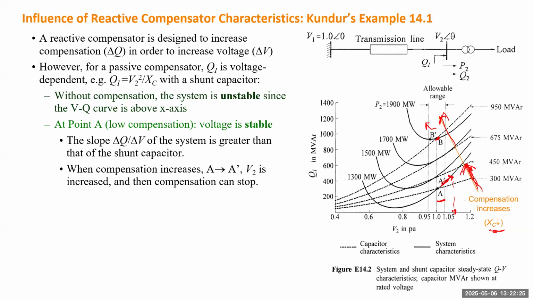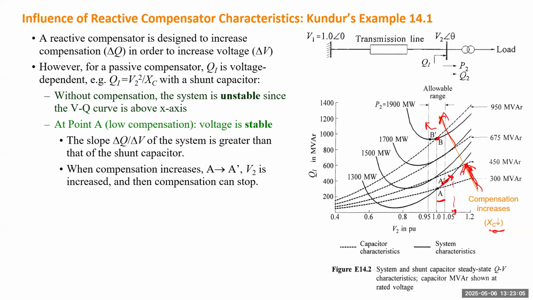The voltage will decrease because B prime is in that direction, but B prime has a lower voltage than B. So when you compare the two slopes, one from the VQ curve, the other from the compensator characteristic, when the VQ curve has higher slope, such control can be successful. Otherwise, that will fail. So the key is comparing the slopes of the VQ curve and the compensator. For the B condition, this control will fail.